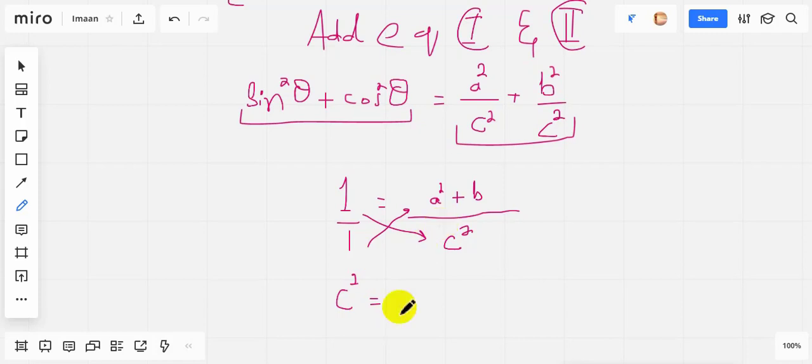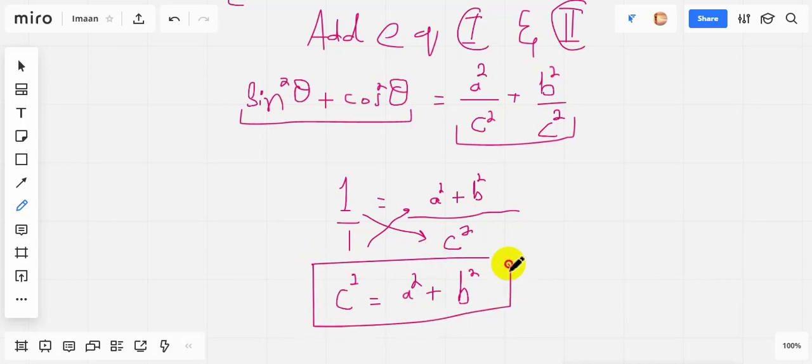And then 1 times a squared plus b squared is, oh, squared is missing there. Okay, so a squared plus b squared. So there you go. This is our Pythagorean theorem. Proved. So now we will use this theorem to find the unknown sides of a triangle.